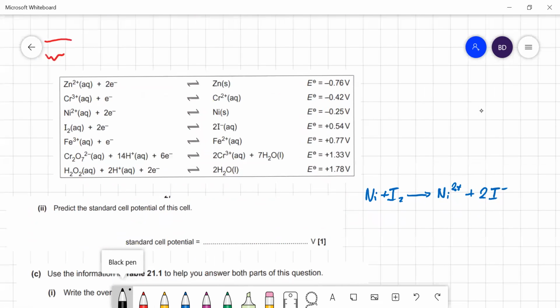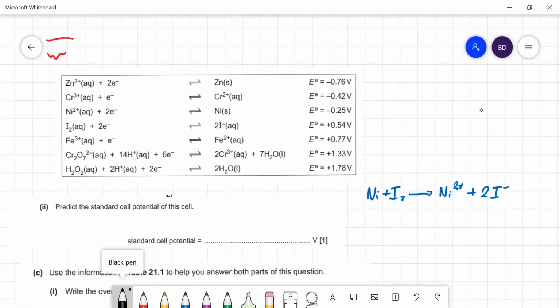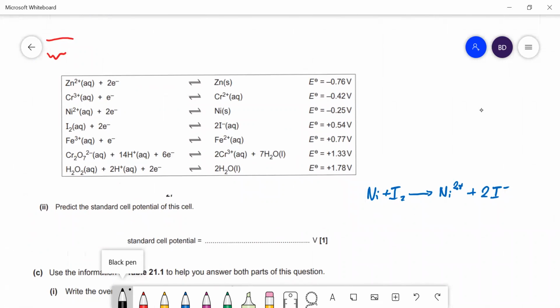Right, so we've got to predict the standard potential of the cell we've just set up. But this is the reaction, just to paste it down there again. Right, so the 2 half equations we're going to need there, we are going to need this one, and we're going to need that one. Standard potential of the cell, well, E cell is equal to E right, which should be the most positive one, and the most positive one in this case is the iodine, minus E left, the nickel.